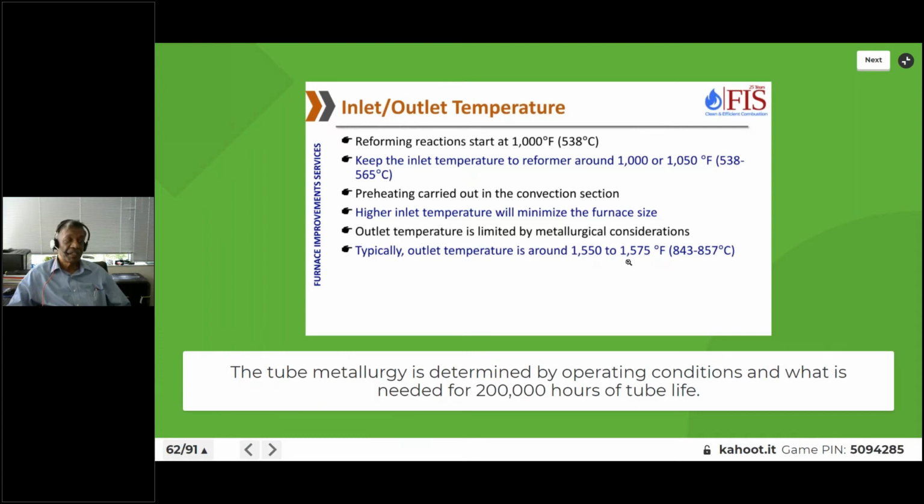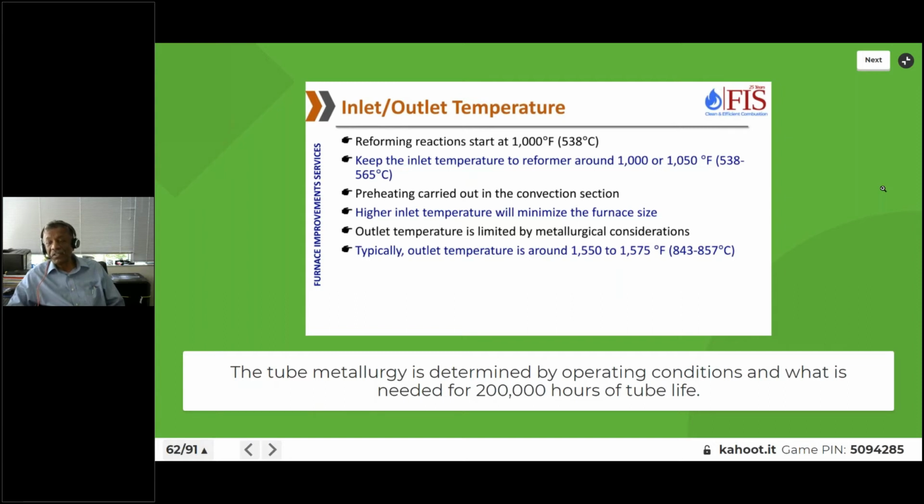And historically, these temperatures are decided based on the metallurgical limitations, actually. The good news is that a lot of development has taken place in the metallurgical industry, and we have lots of exotic alloys. 40 years ago, it used to be HK40, then we got HP modified, but now we have microalloys.